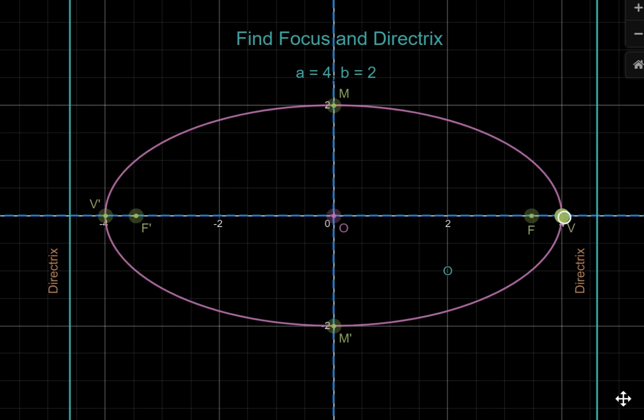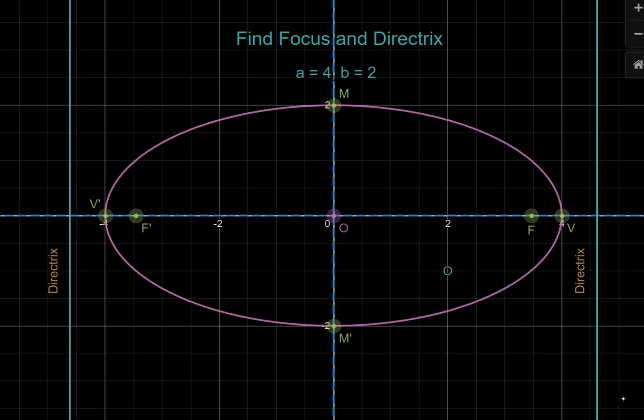So a is 4 for you, and b is 2, where the curve crosses the minor axis. So I have given you these two values, a is 4, b is 2, and therefore you get the equation of the ellipse as x square over 4 square, which is 16, plus y square over 2 square, which is 4, equals 1.